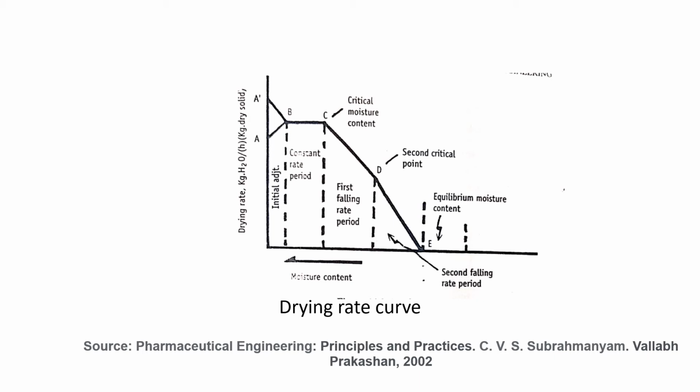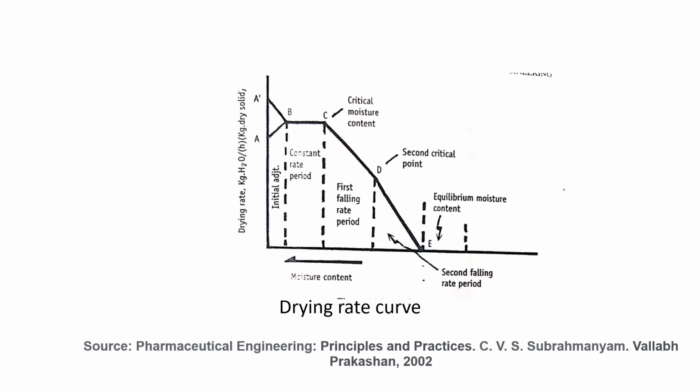Dry spots will begin to appear, and continuously the rate of drying of that particular solid will decrease, and we reach point D, at which the film of surface water will be completely evaporated, and this is called the second critical point.